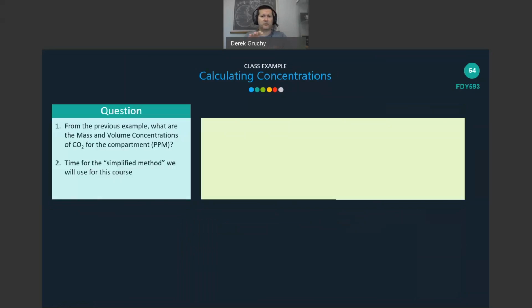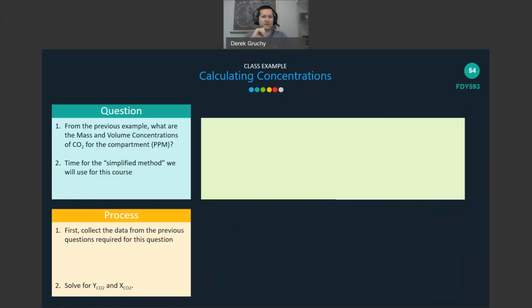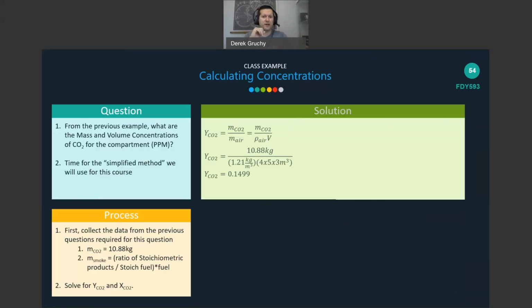Now, if we do the simpler method, we'll see all we have to do is do the mass of the species still, but divide it by the mass of all the air in the room. And when we do that, it's almost identical. Okay, so the mass of air is density of air, 1.21 kilograms per meter cubed, times the volume of the room. And we end up getting 0.1499 instead of 0.1498. Right? So it's almost identical.